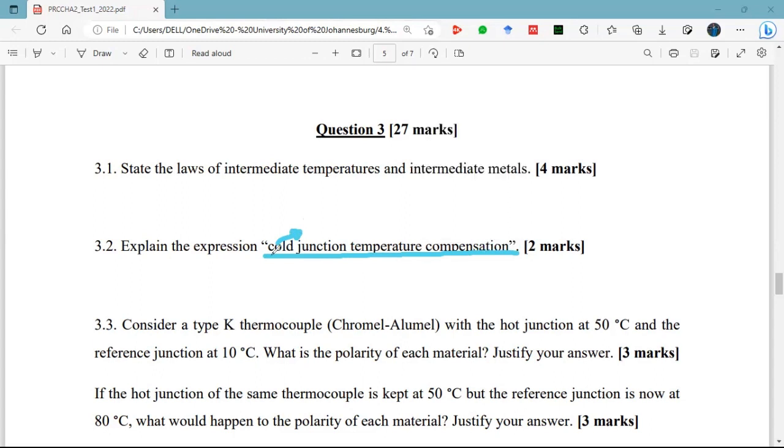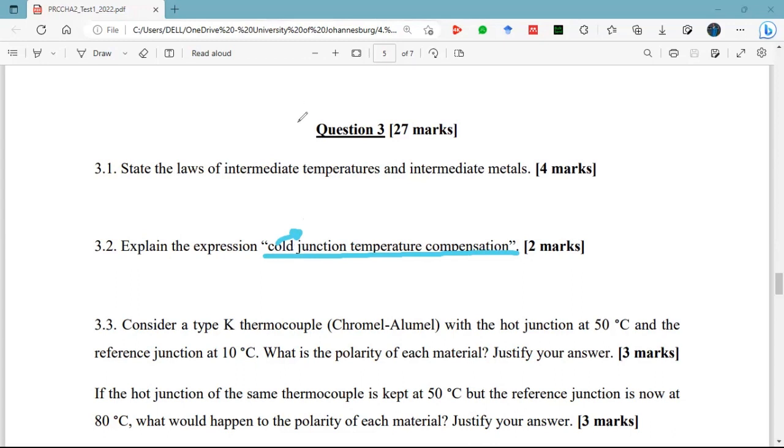But what is this cold junction temperature compensation? I didn't get an answer from anyone before, so I'm not surprised that I'm not getting it now.